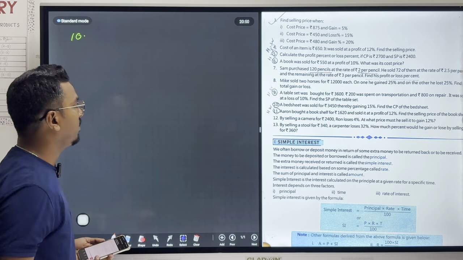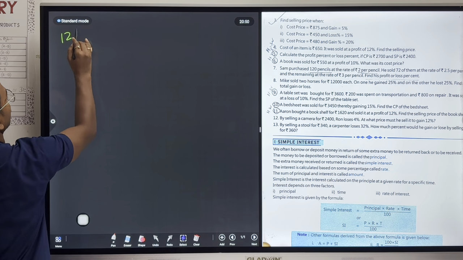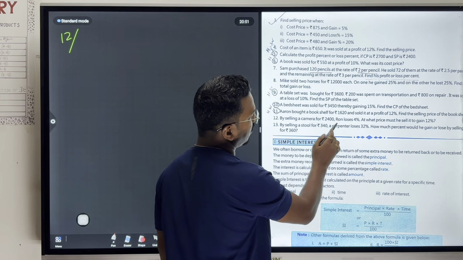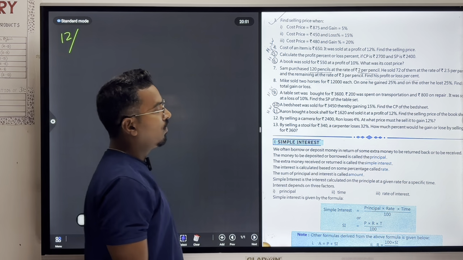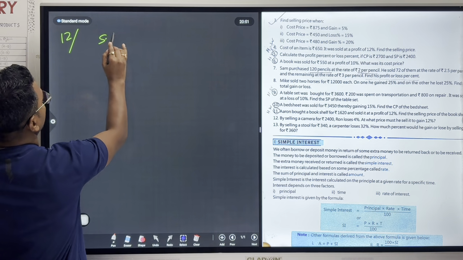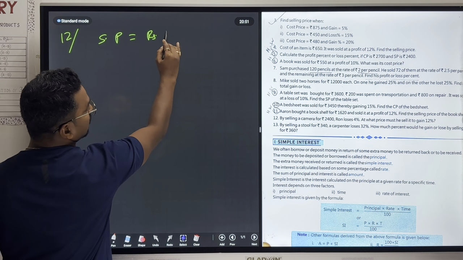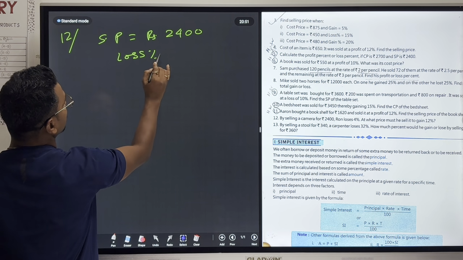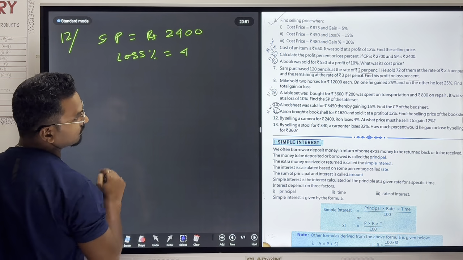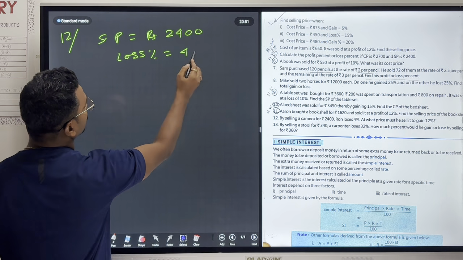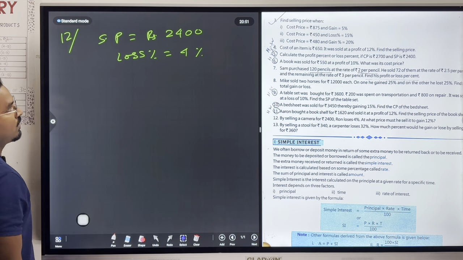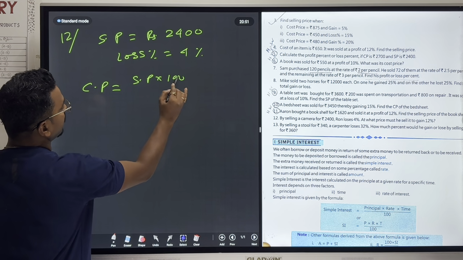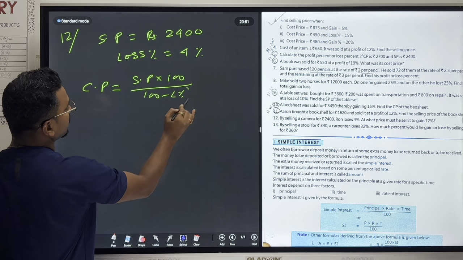This is an important question. Question number 12. By selling a camera for rupees 2,400, Ron lost 4%. So the selling price is 2,400 and the loss percent is 4. We have to find the cost price. Cost price is selling price multiplied by 100 divided by (100 minus loss percent).